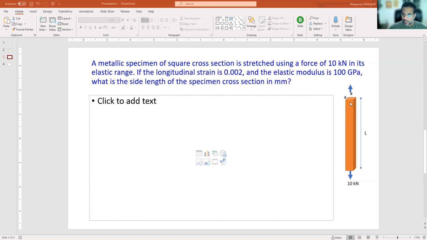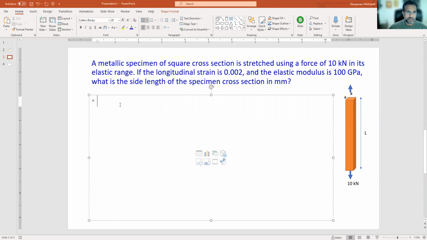So A is the cross-sectional dimension, therefore cross-sectional area, because it's a square cross-section, is equal to A square, correct? And the stress in the specimen is force over area.